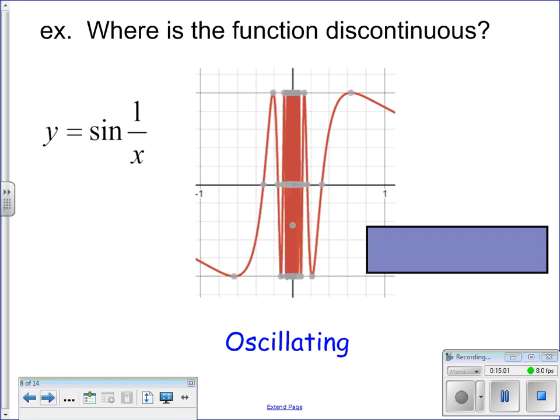Continuity is extremely important because the big overall concept of calculus is derivatives, and you cannot take the derivative of a function where it is discontinuous. That's really one of the big reasons why this has to be true.